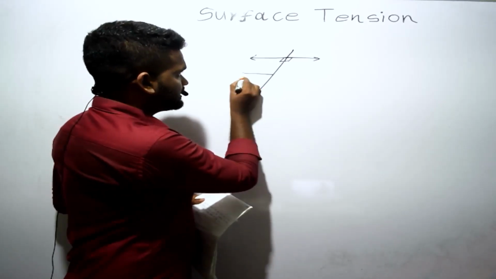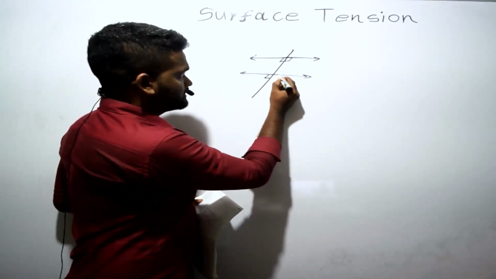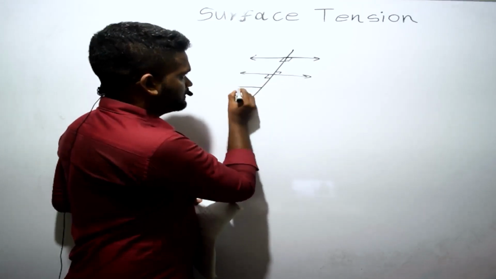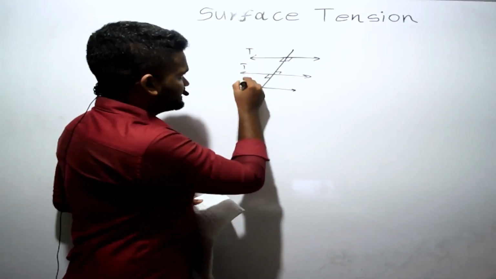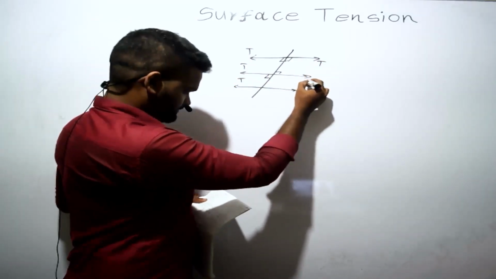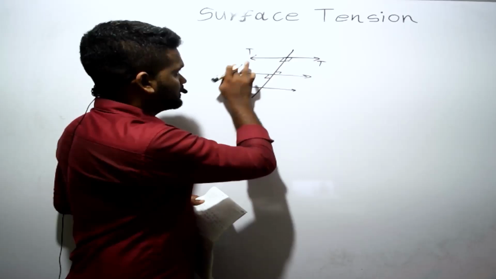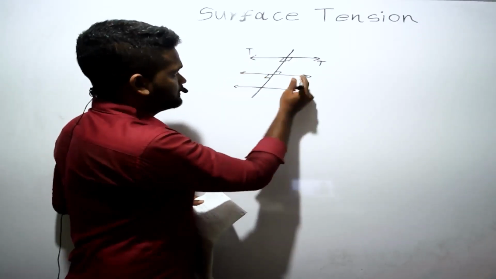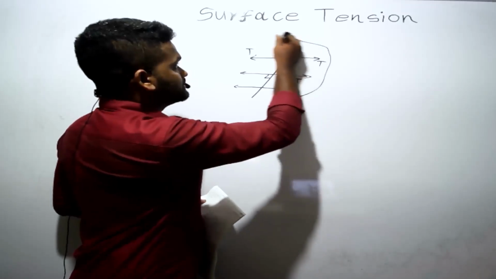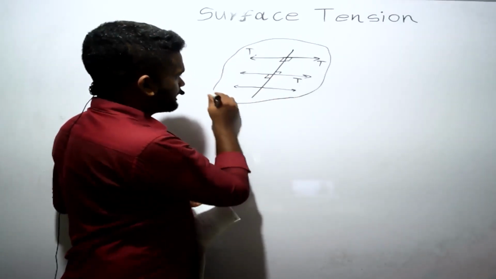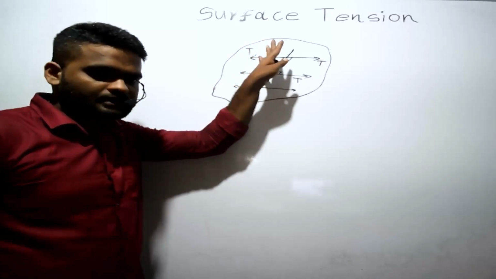Actually, they are perpendicular, but this is a 3D image, so you don't see that, right? So these are surface tension forces, and this is a liquid surface. Do you understand that? This is a 3D image, okay?